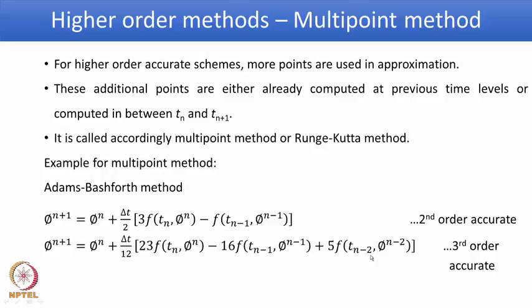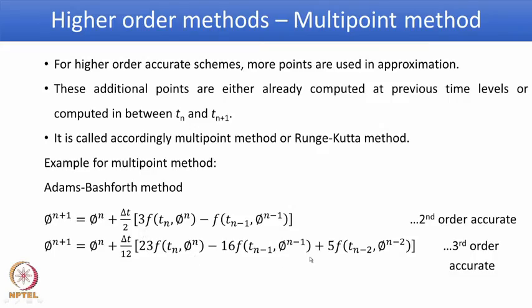So, n is the immediate previous time level, n minus 1 is one before, and n minus 2 is one even before that. So, by considering more points in the previous time levels, you are able to construct a method. This is what is known as the Adams-Bashforth method.